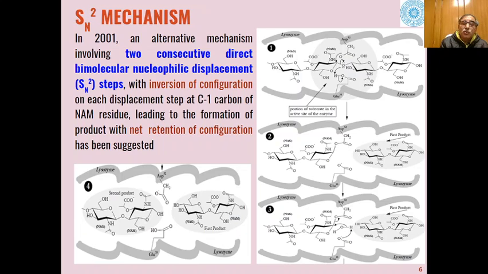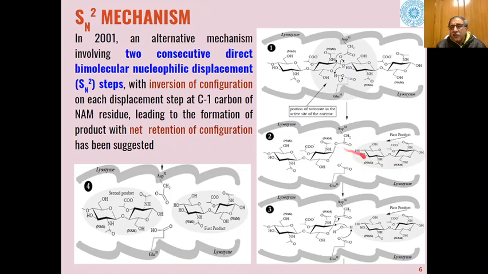When two SN2 reactions take place, there will be two inversions of configuration, and the net result is that the product will be formed with retention of configuration.